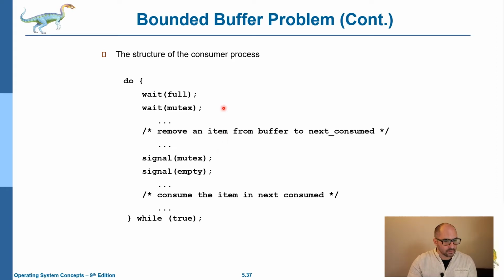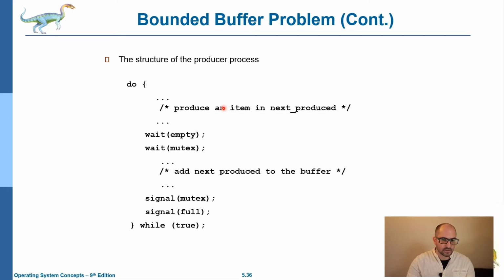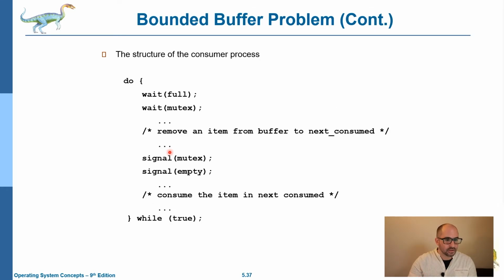So the piece that gets a little confusing here is that we have two protections with our semaphores. We wait on our empty, so that means we have to have an empty slot. And then we have this critical section. That means that only one producer can modify the buffer at any time. In addition, no consumer can modify the buffer at the same time.